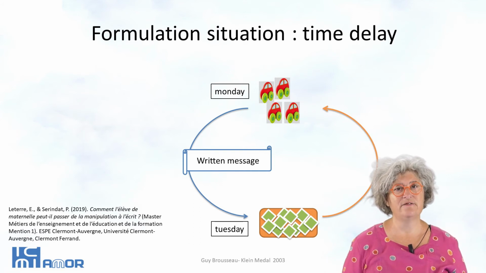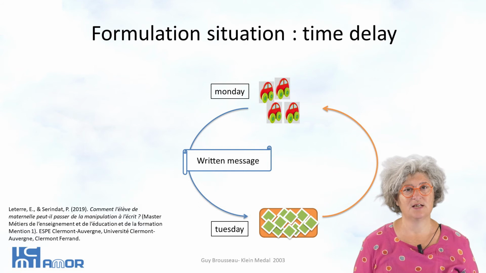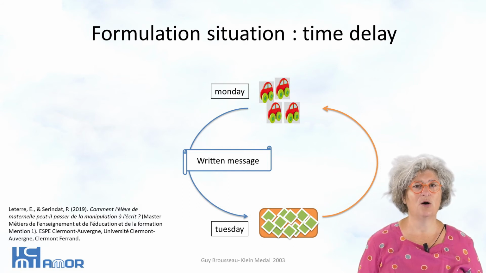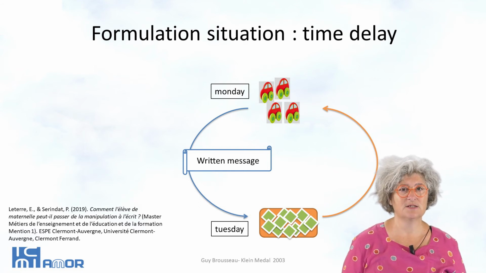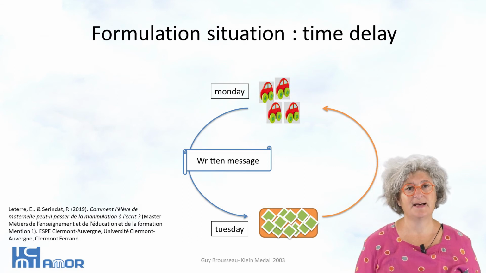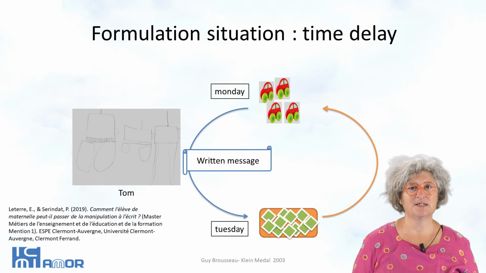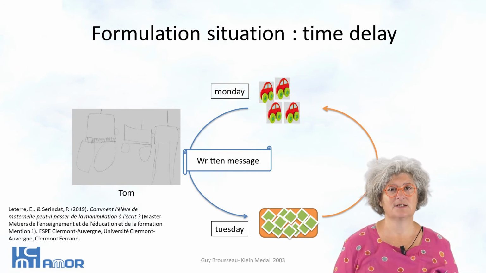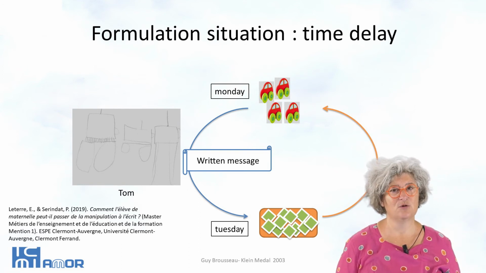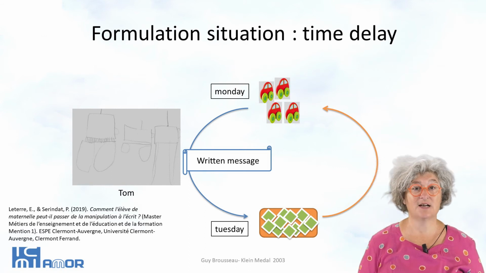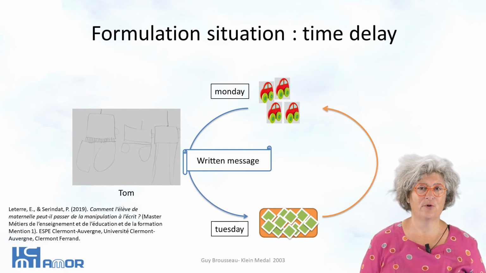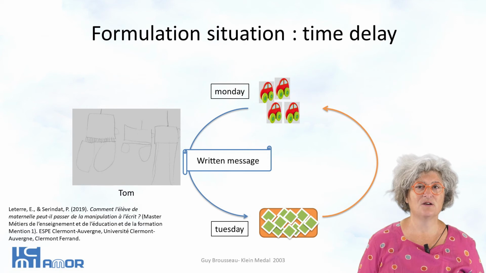The validation will thus happen on Tuesday by comparison of the previous collection of cars and the collection of garages that has been constituted. On the slide, you can see Tom's written message. The observer has told us that Tom has counted the cars up to 4 and asked the observer how to write the number 4.